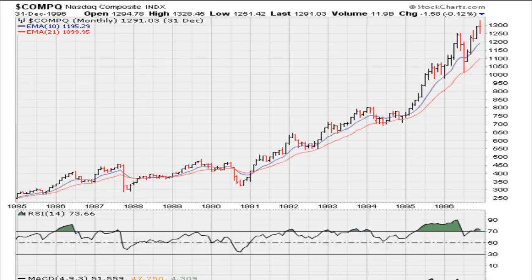Now we go back to the Nasdaq's monthly chart between 1985 and 1996. I just want to show you that this method works across multiple time frames. If we take the highs in 86 through the highs of 87 through the highs of 89, and finally there was a breakout above that declining line.